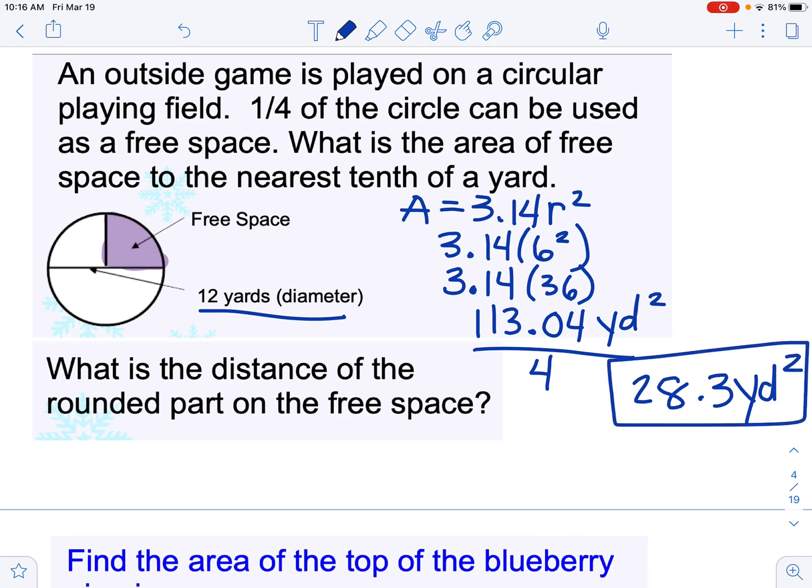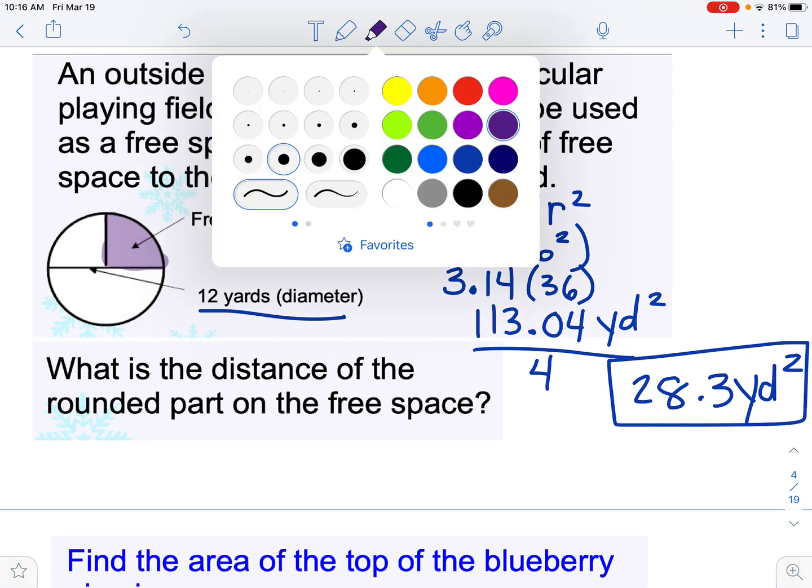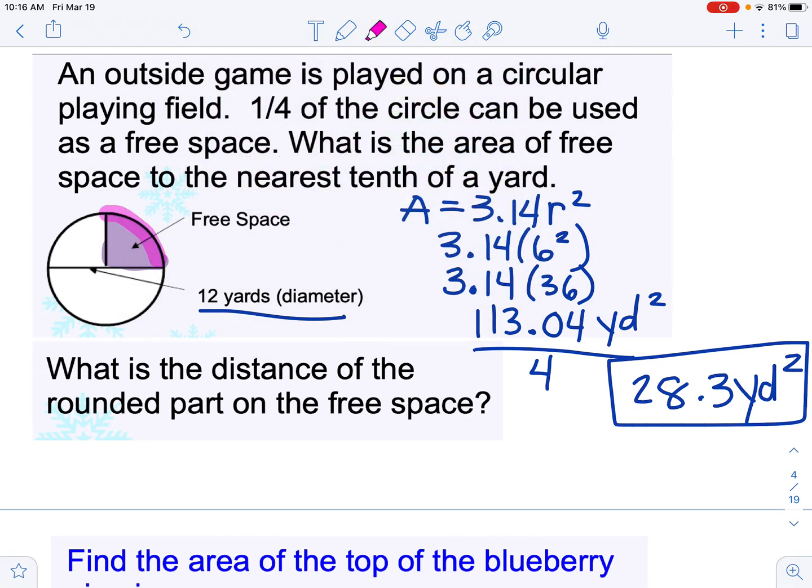Then it says, what is the distance of the rounded part? So now we're going to find that part of the circumference. So I'm going to find the circumference of the whole circle and then divide it by 4. So circumference equals 3.14 times diameter. We know our diameter is 12, so 3.14 times 12.